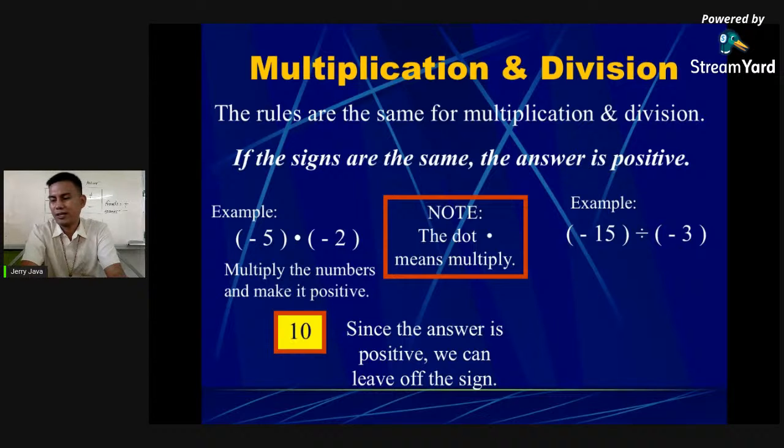Write your answer, kids. 5 or positive 5, that's okay. When it's positive, no sign is needed, it's understood. Other answers, please. Divide 15 by 3 first, then deal with the sign. Okay? 5 or positive 5, that's correct.